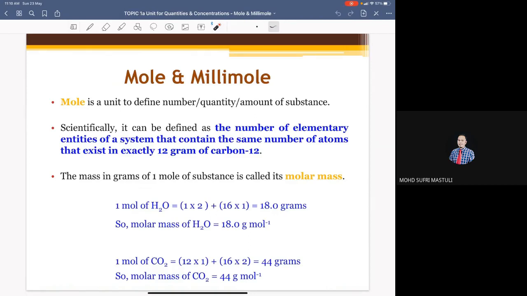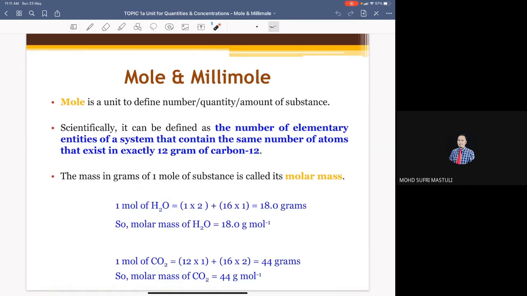Water has two hydrogen atoms, so we multiply 2 by 1, where 1 is the atomic mass of hydrogen, plus 1 oxygen atom multiplied by 16, where 16 is the atomic mass of oxygen, which can be obtained from the periodic table.